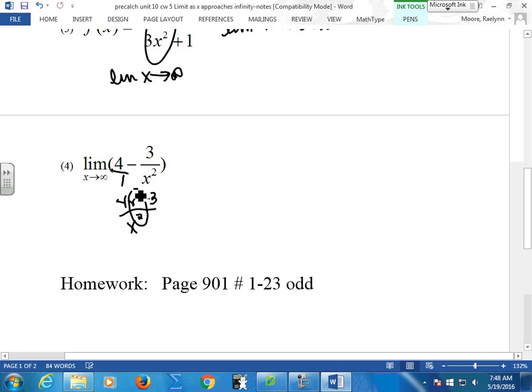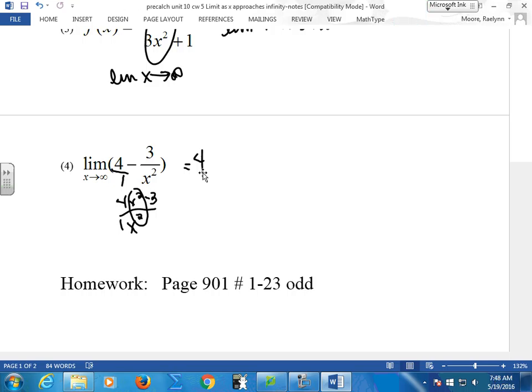So my numerator and my denominator have the same degree. So what's my limit as x approaches infinity? Four over 1, so 4, right? y is equal to 4. And you can confirm them graphically if you want to as well. So we've seen these before. We know that they work.